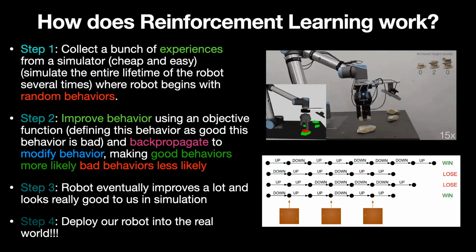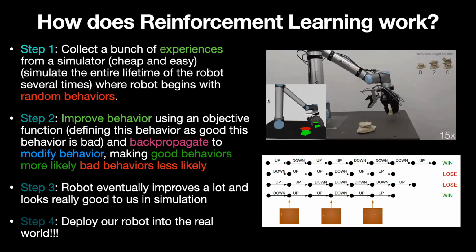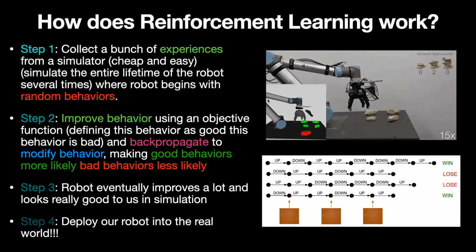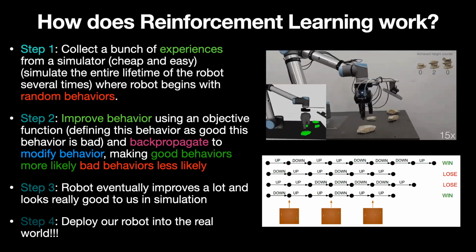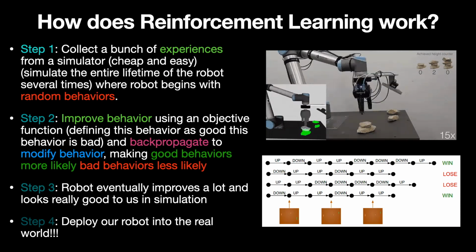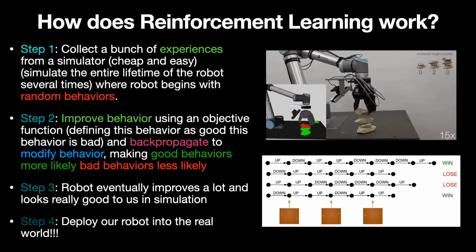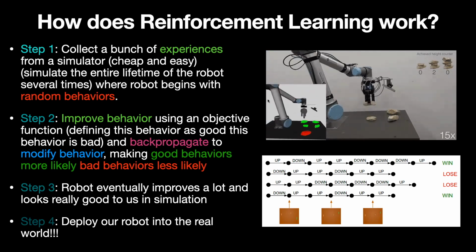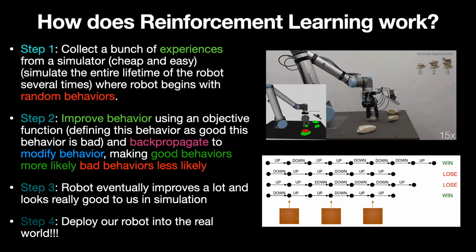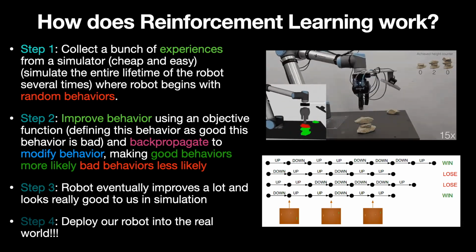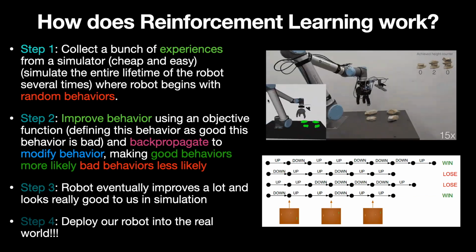And then the arm does that motor behavior controlled by the neural network, and you tell it whether that motor behavior was good or bad. And so it starts off going crazy with its arm, and over time you improve behavior using backpropagation, making good behaviors more likely and bad behaviors less likely. Eventually the robot improves a lot and it looks good to us in simulation.